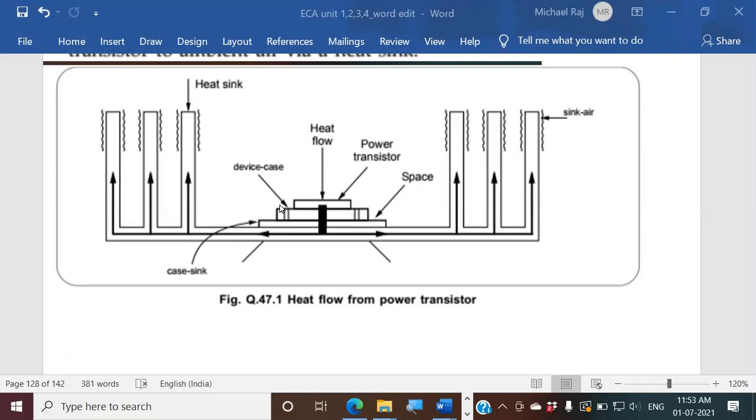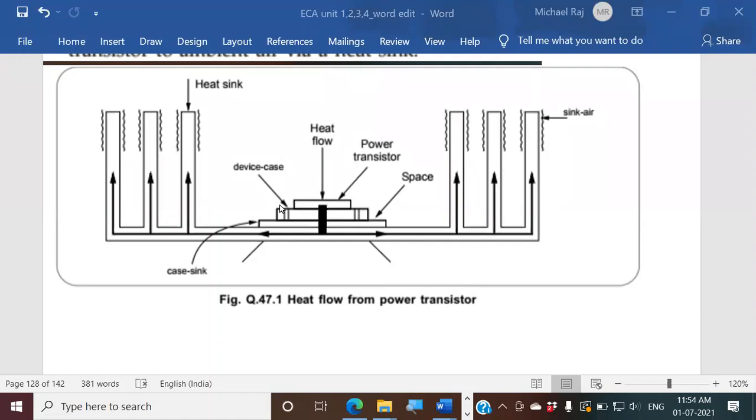Then what is attached to the case? This particular heat sink is attached. So now tell me, what will be the path? Junction to case, then from that to heat sink. Very good.